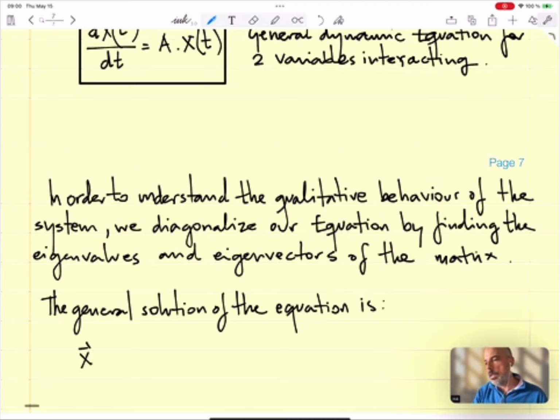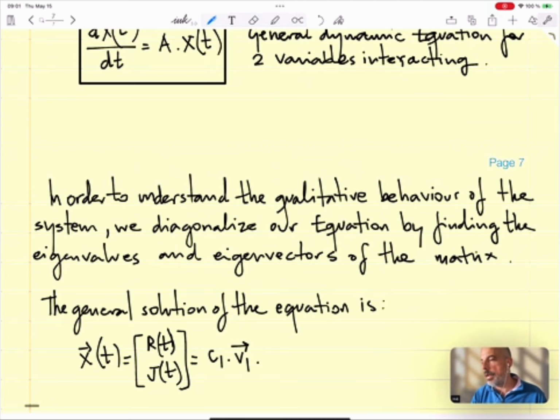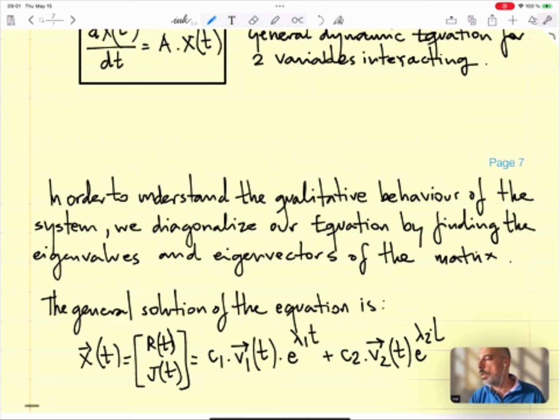x of t, that is r of t and j of t, equals a constant times the first eigenvector times the exponential of the first eigenvalue times time, plus a second constant times the second eigenvector times the exponential.